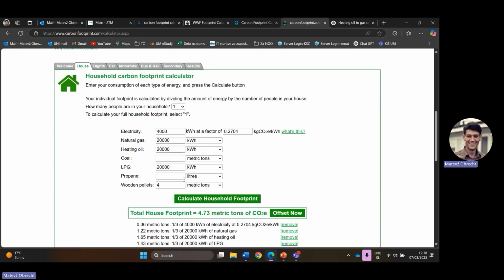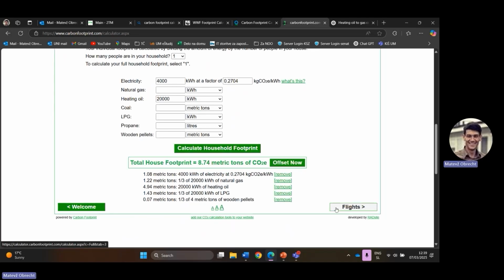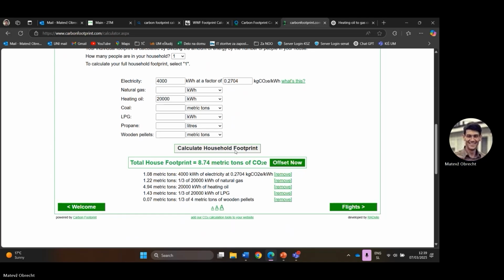So here we were having heating, for example, with natural gas, heating oil, and wooden pellets. The bigger amount of carbon footprint that we would cause with heating oil, we are causing with, for example, one flight, to keep up with the calculations.